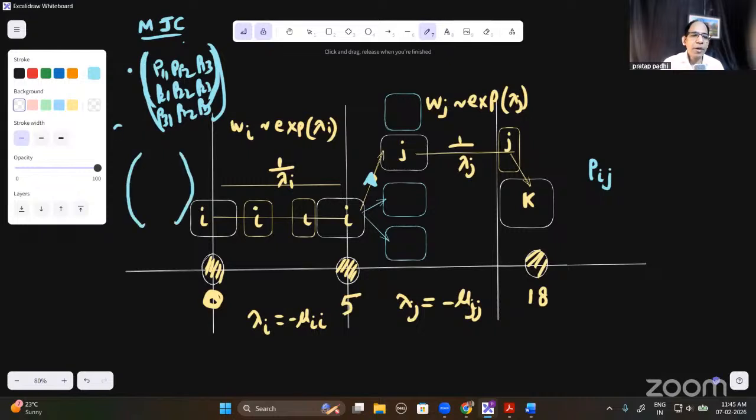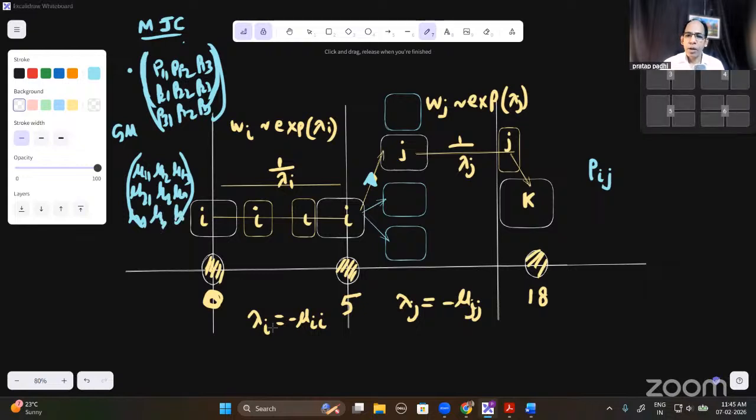This is the generator matrix. And here we can write mu11, mu12, mu13, mu21, mu22, mu23, mu31, mu32, mu33. In this problem, I will show you directly because we could spend so much time on theory.